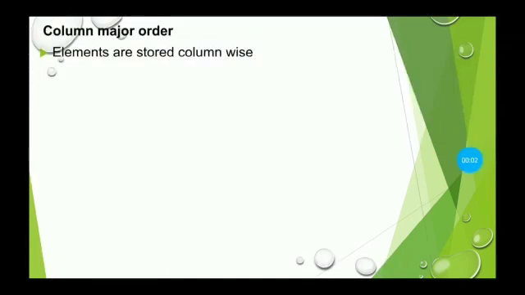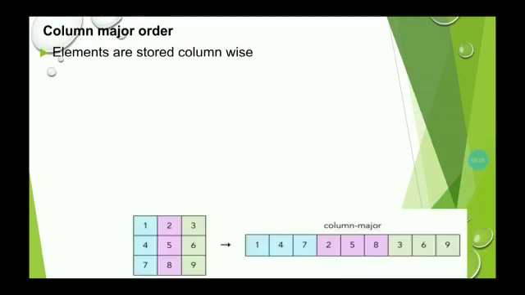In column major order, elements are stored column wise. See the example here. First column elements are stored in the first 3 consecutive elements. Second column elements are stored in the next 3 consecutive elements, and so on.